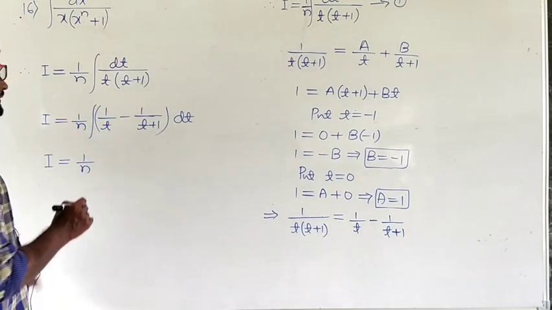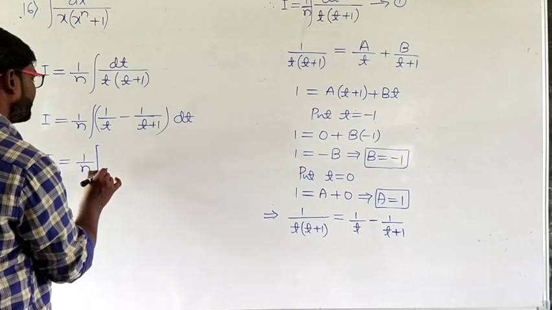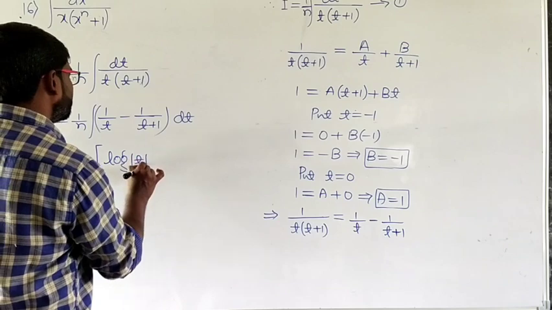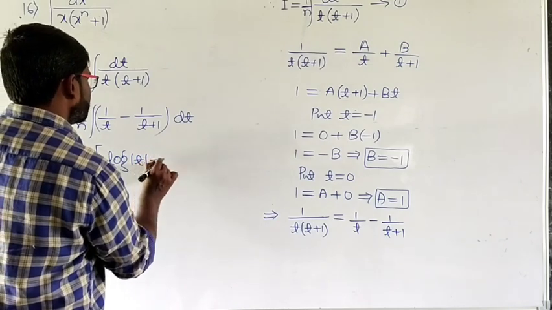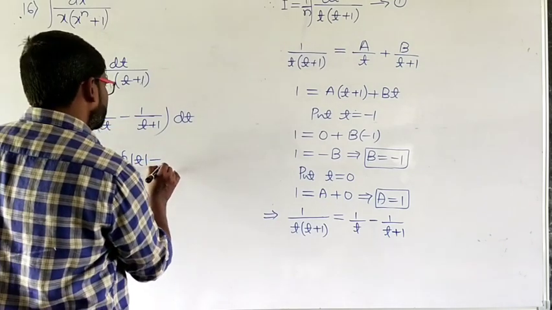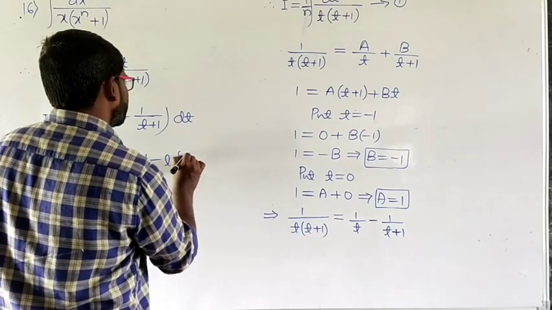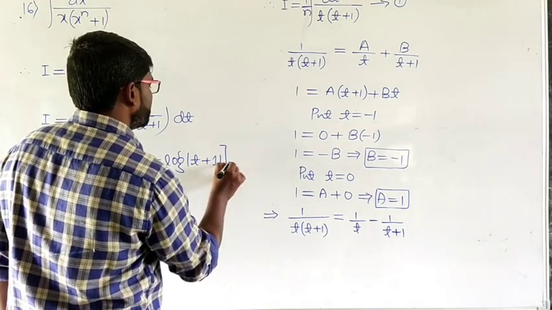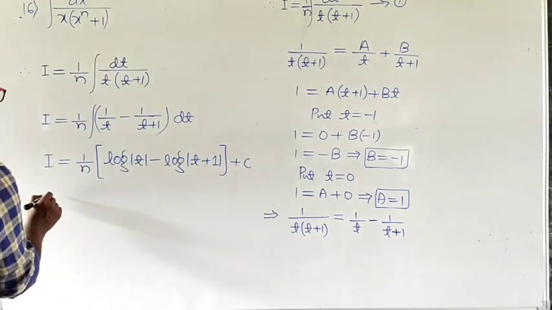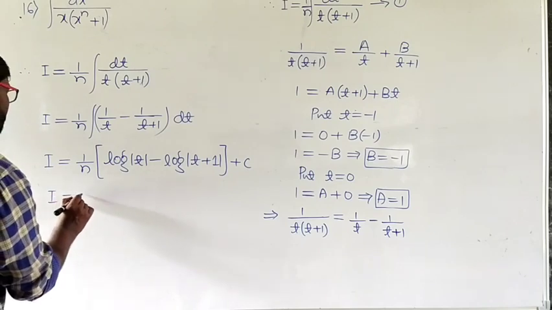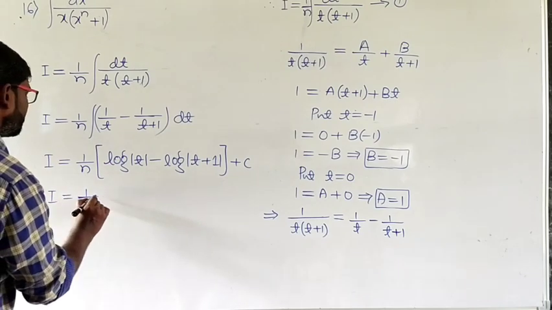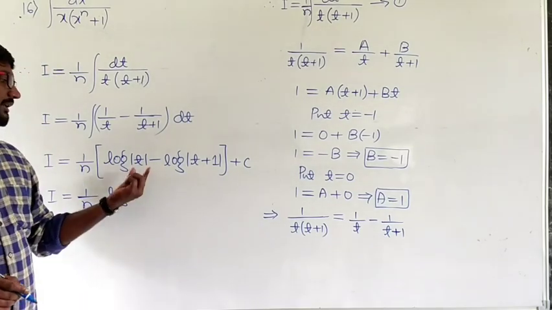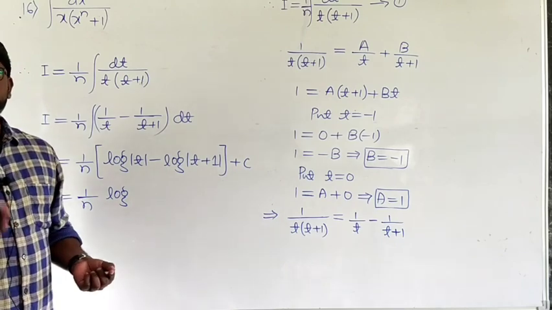Integration of 1 by t will be log mod t, then minus log mod t plus 1 plus c. So I which is equals to 1 divided by n, 1 by n log, this is in the form of log x minus log y, it is log of x by y.